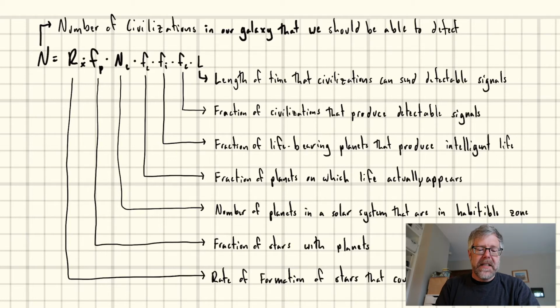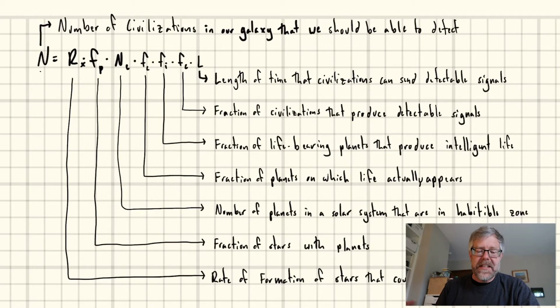So N is the number of civilizations in our galaxy that we should be able to detect. So how many civilizations could exist that we can actually have the possibility of hearing. Right now it's 0 because we haven't detected any, but the question is, are we on the verge of detecting hundreds of them?